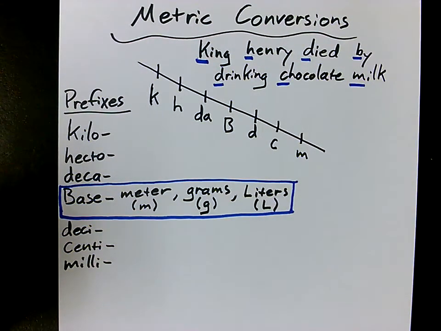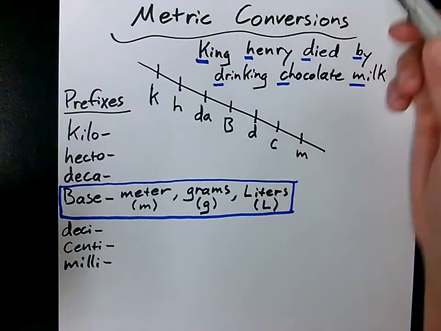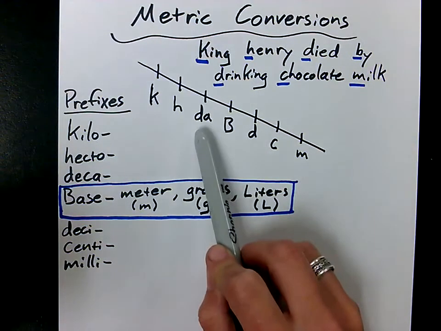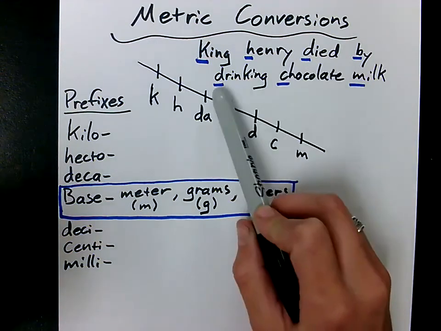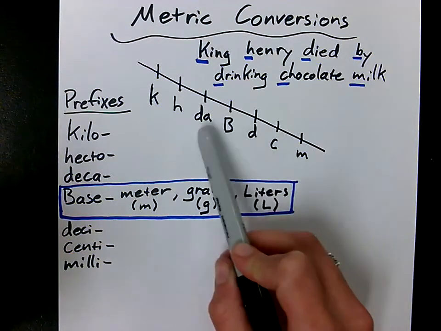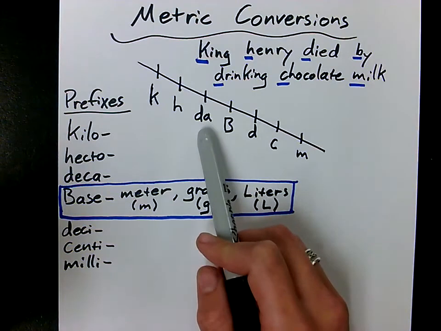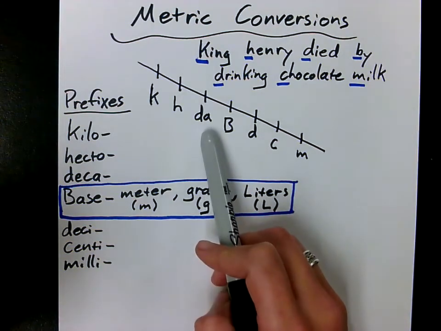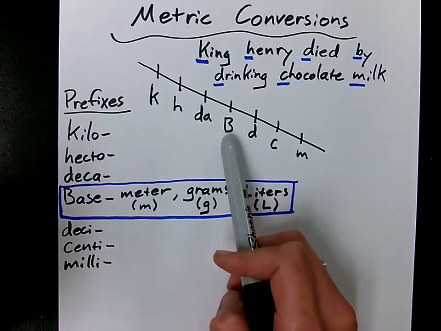Right? Now, one thing that students will mess up sometimes is the order, since we've got these two D's, and the words King Henry and died don't have any A's, students will forget which D has the little A on it. There's a couple of different ways that you might think about this. I think the best way is A comes before B in the alphabet.